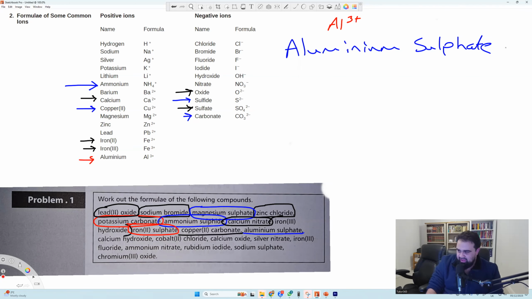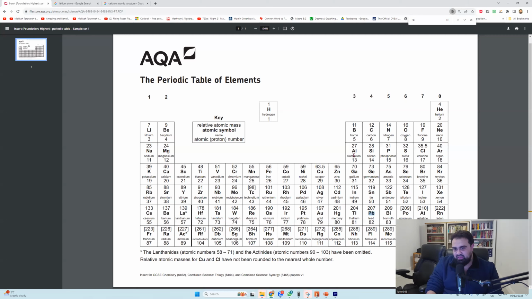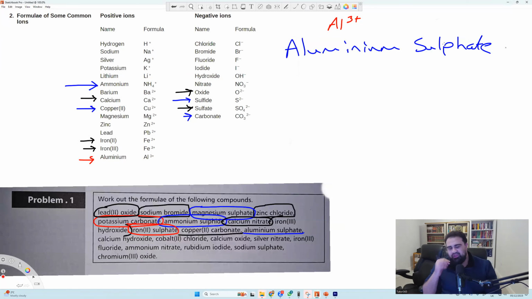And if you don't know that, you could figure it out. If you look on your periodic table, aluminium's in group 3, so it gives away 3 electrons and becomes 3 plus. You can use the data sheet as well. And then sulfate has -2. So what are we going to do? Aluminium 3 plus, but sulfate is -2. We look for the lowest common multiple.